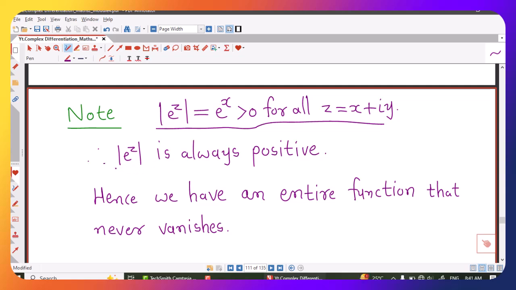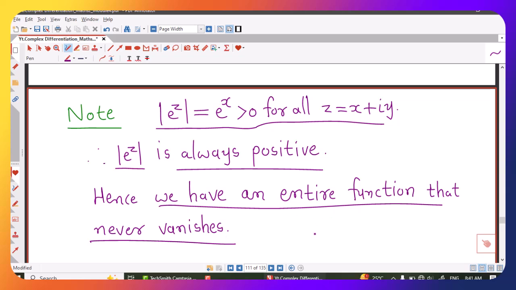Therefore the absolute value of e raised to z is always positive, and hence we have an entire function that never vanishes. We know that e raised to z is analytic everywhere, therefore it is an entire function, and its absolute value is always positive, or we can say that this entire function never vanishes.